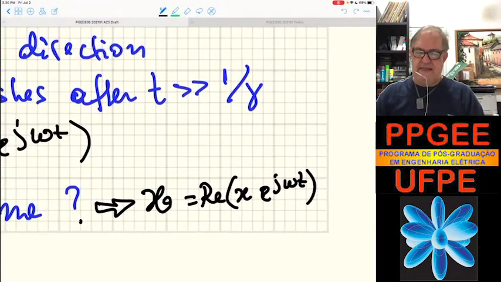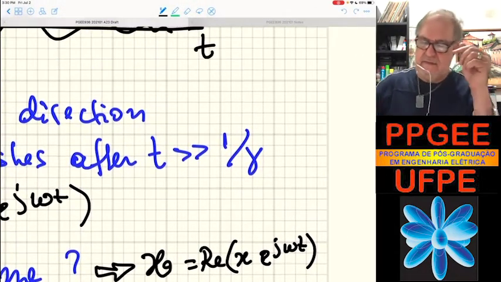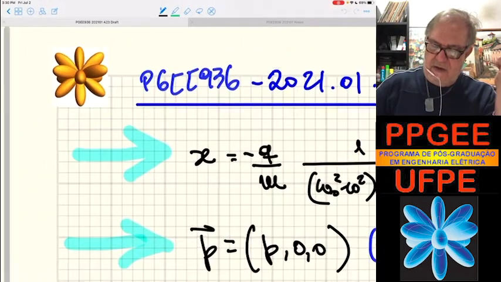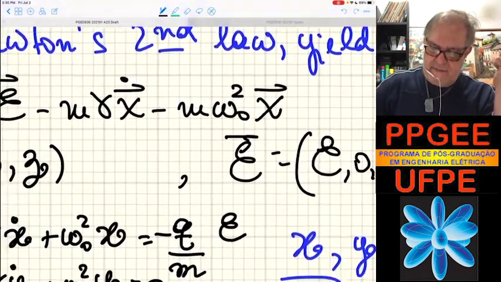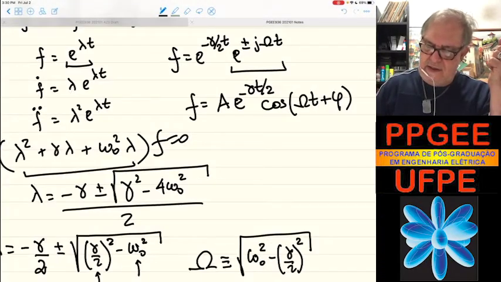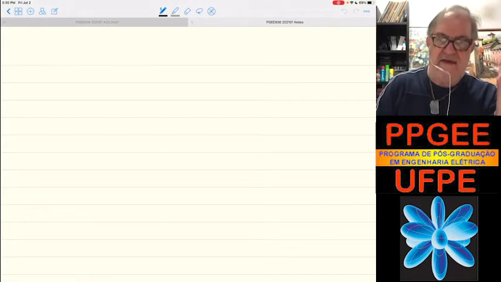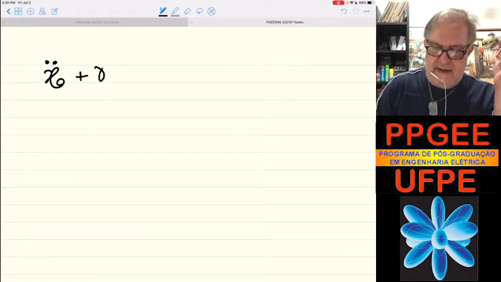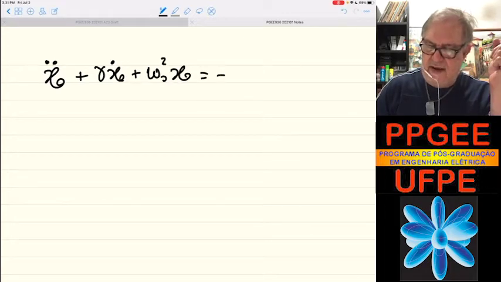So when you do that, let's look into the equation, right? So we have x double dot plus gamma x dot plus omega 0 square x equals to minus q over m E, right?